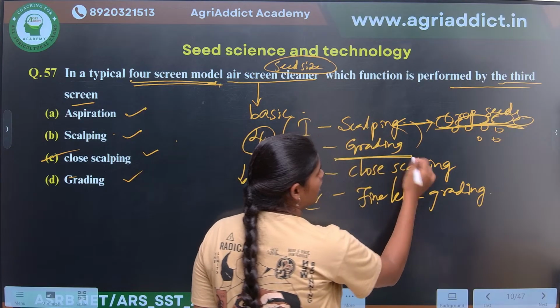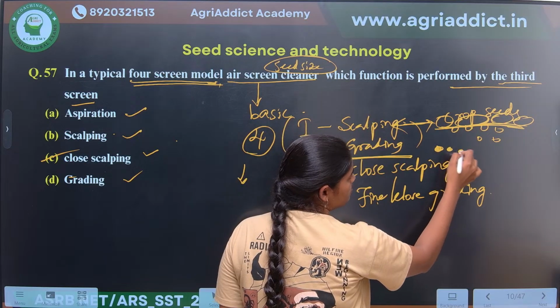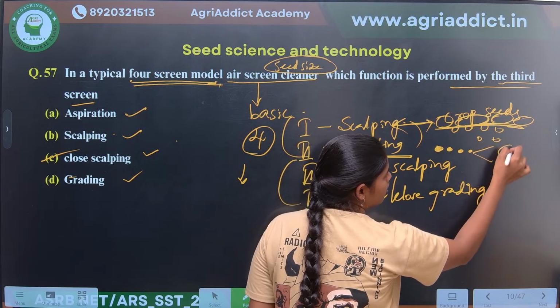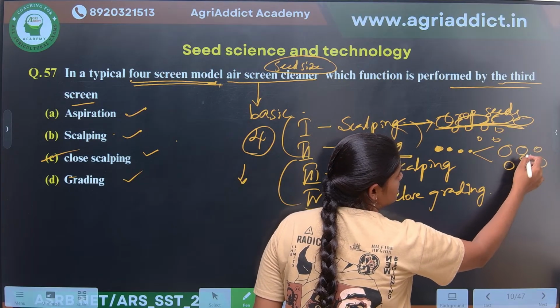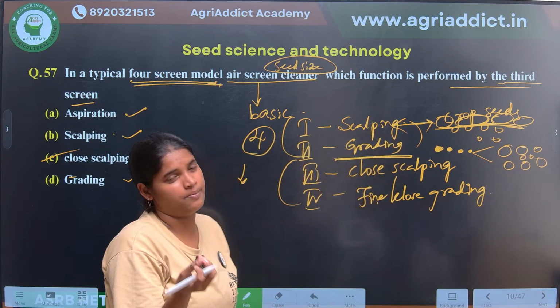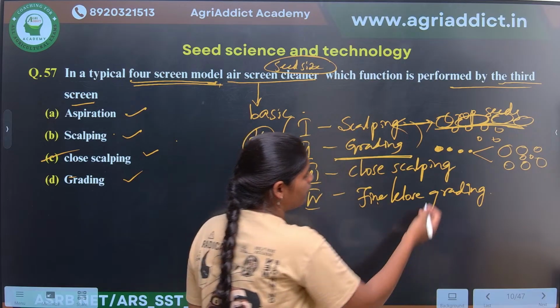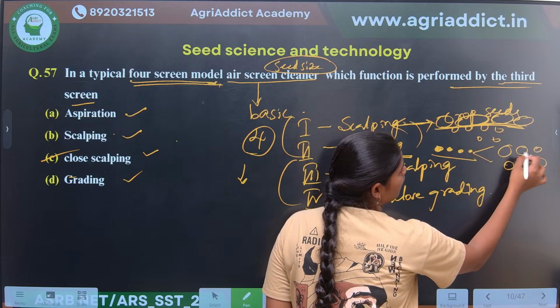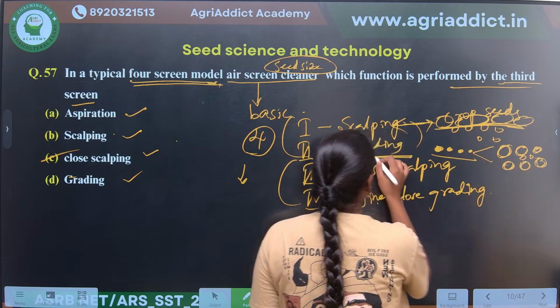And in grading, what happens? Materials smaller than our crop seed, like chaffy materials, sticks, some weed seeds, and insect larvae, which are smaller than our crop seed, will be screened out.